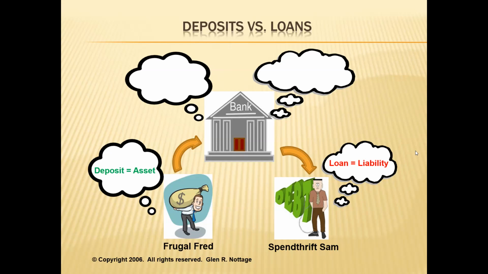Liability. Anybody have a different opinion? Okay, so the deposit is a liability for the bank. All right. Anyone want to say why the deposit is a liability for the bank as opposed to an asset?